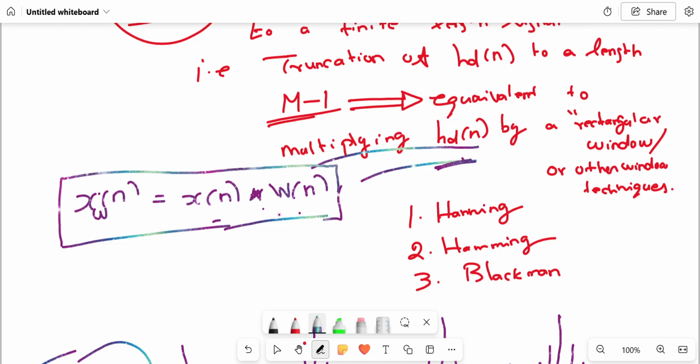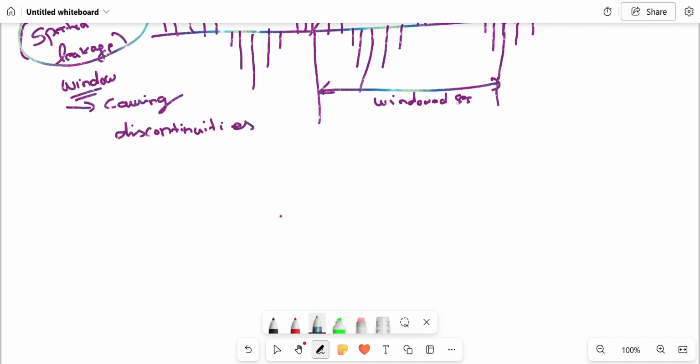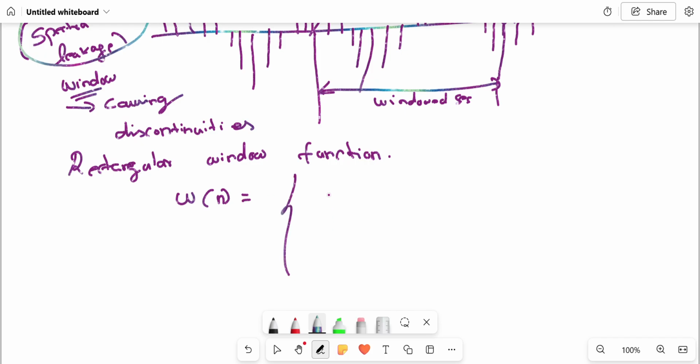So the rectangular window function. Here I will write the rectangular window function. w of n is equal to 1 for n greater than or equal to 0 and less than or equal to M minus 1, 0 otherwise.